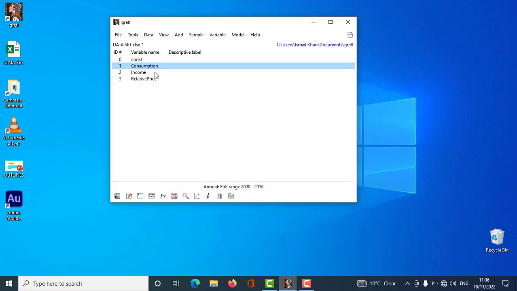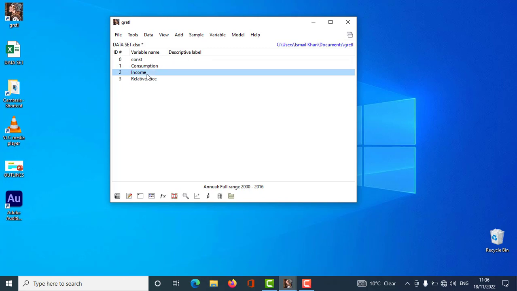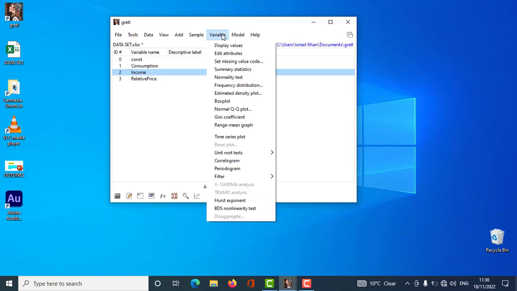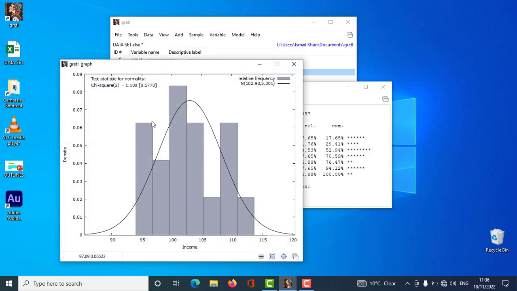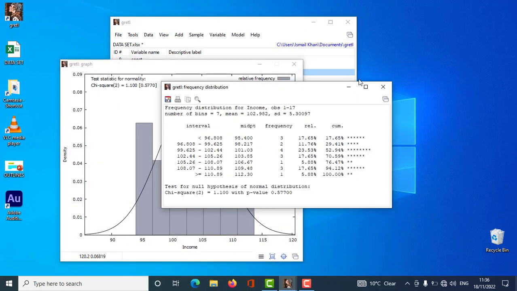Now we check our independent variable, which is income. We click on variable and then go to frequency distribution, normal distribution. Okay, here is the same story.